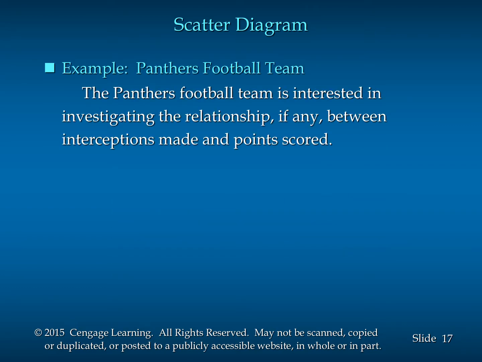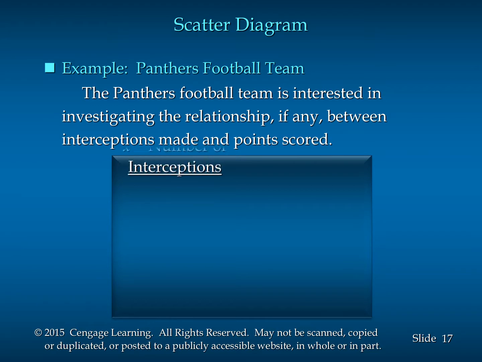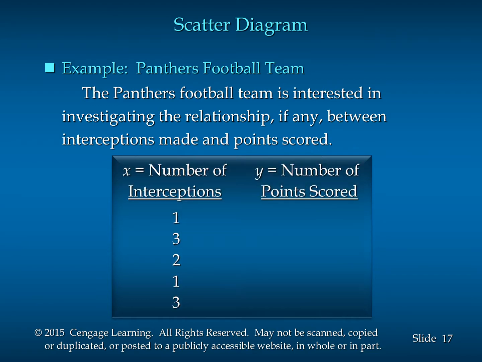So we take an example of a football team. We're looking at the relationship between interceptions made and points scored. Here we have a table of the corresponding x and y values, the number of interceptions and the number of points scored.